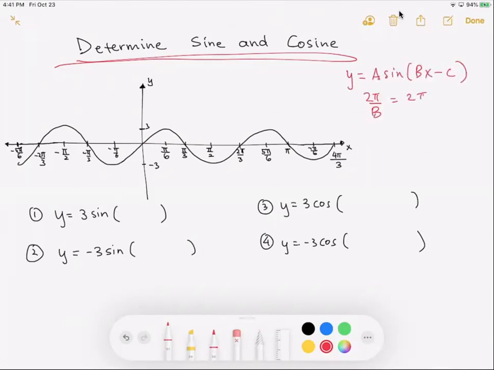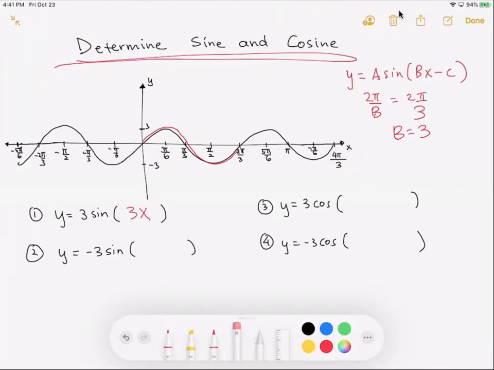In this case, the period for sine and cosine is 2 pi over 3. So therefore, we know that b is equal to 3. And there's no phase shift for number 1, so I'm going to write y equals 3 sine 3x.